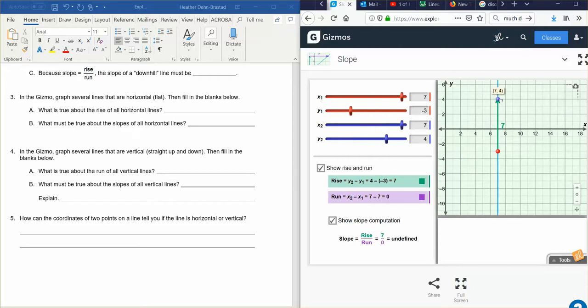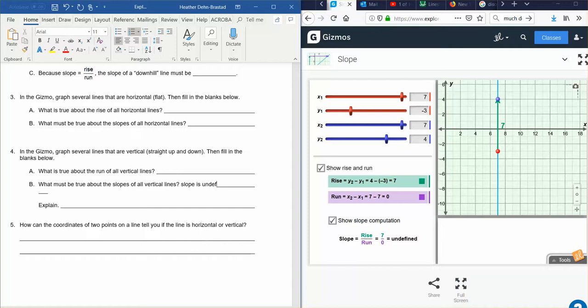Now let's look at some vertical lines that are straight up and down. Look at that, the run is gone, the run is 0. But when you go to put that into a ratio, you're not allowed to divide by 0. So we have to write undefined. So a vertical line has a slope that is undefined. And the reason is that there is no run.